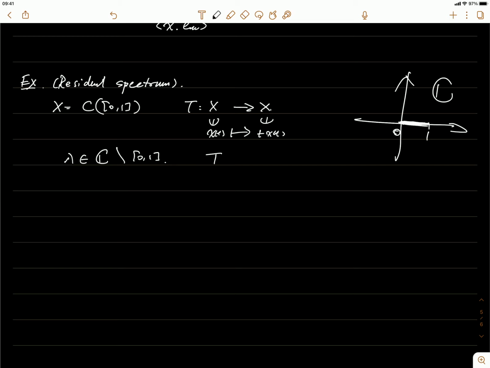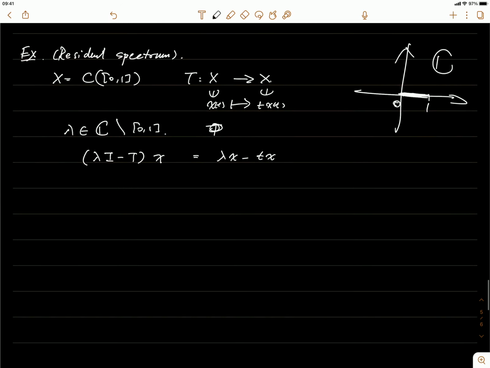Lambda I minus t applied to x will give us lambda x minus tx, right? So let's see if this one is invertible. Let's apply this to some x, and in this case, this is just giving us xt over lambda minus t.